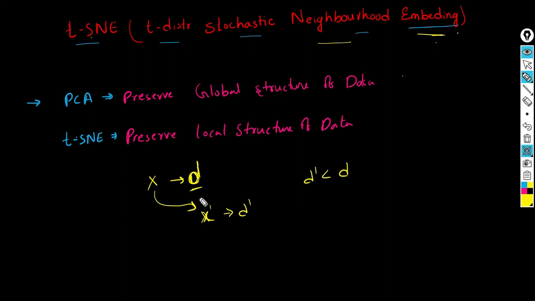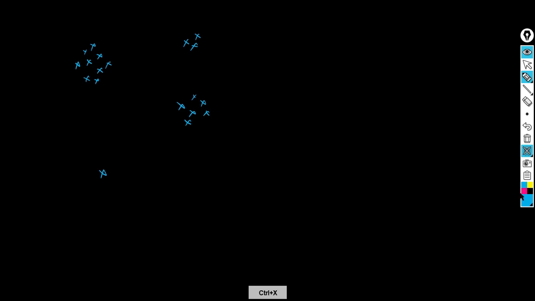Let's see some intuition about t-SNE to understand better how it works. Let us consider these are the data points in the higher dimension D. We need to convert this into D dash, where D dash is less than D. Now we can see here these are neighbor points and they form a cluster.